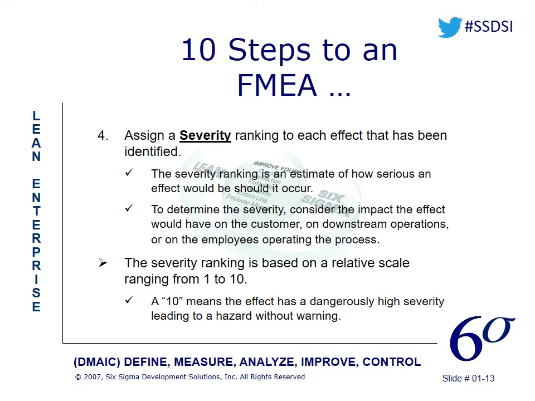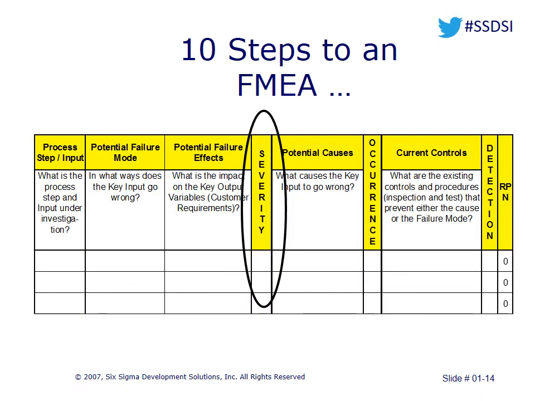A 10 means somebody could get disabled or even killed. A 9 is a little less than that, but still has a high severity. So this is where that severity goes under this column.